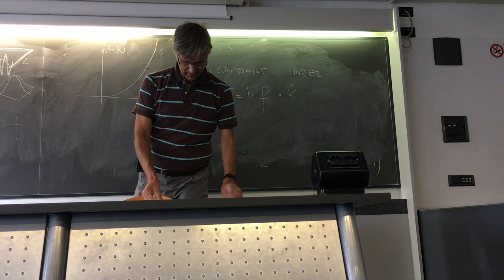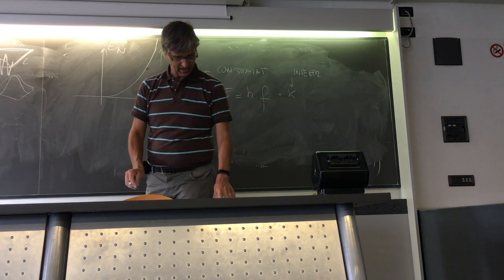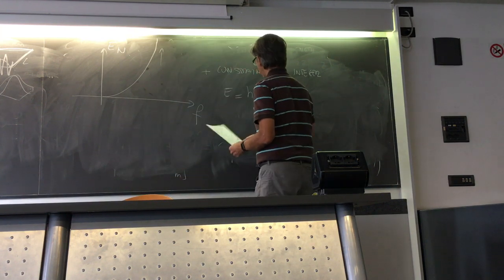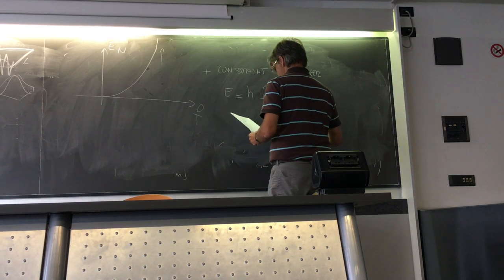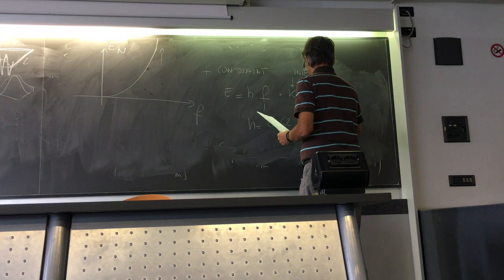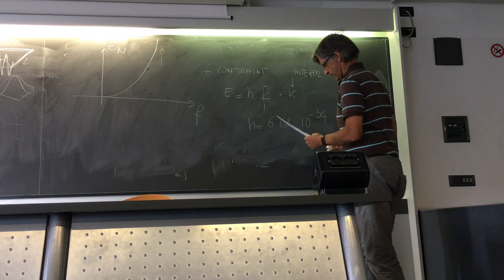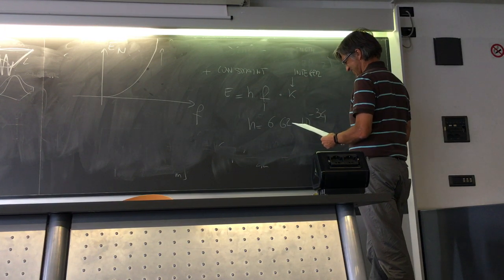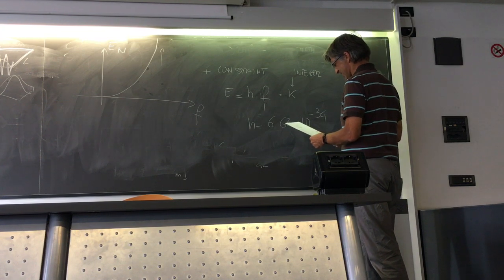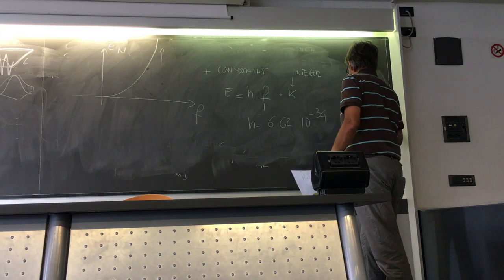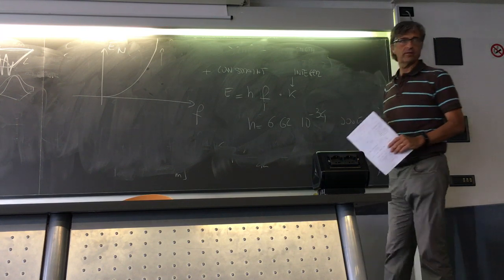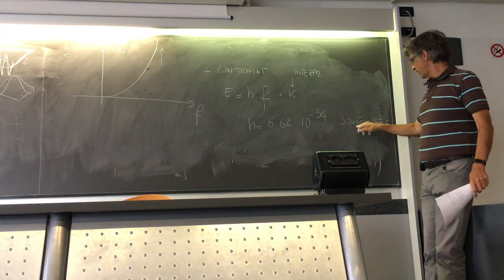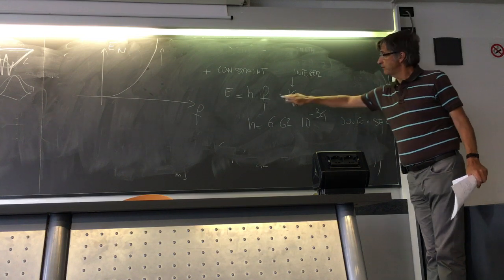What is h? I don't remember by heart, but I have written it: h is 6.62 times 10 to the minus 34 joule second.